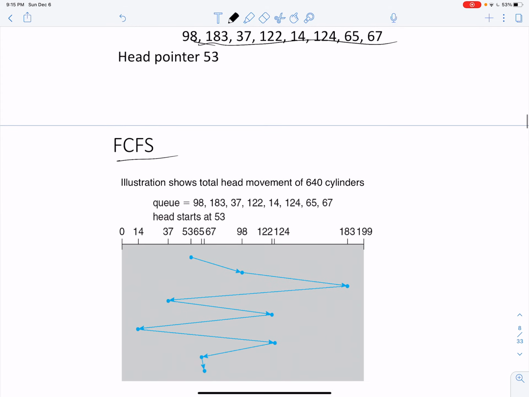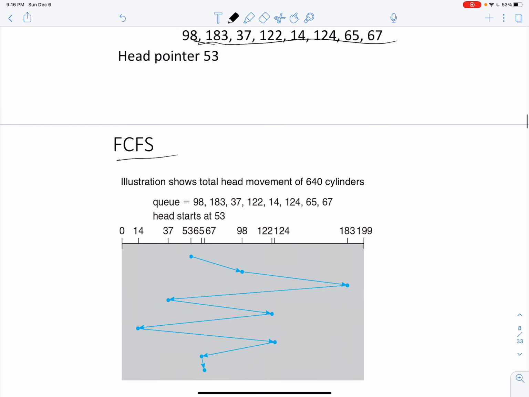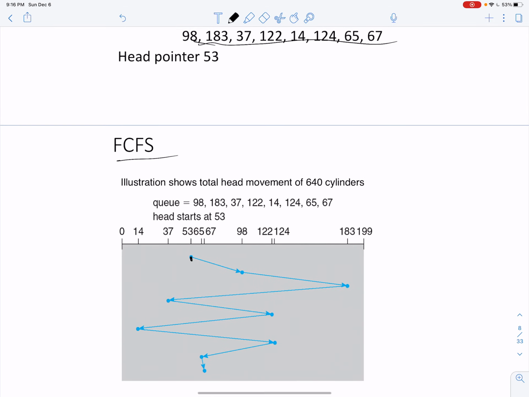This is pretty easy. For example, at the current time, we have the arm pointed to the 53rd cylinder, and now we got a queue, or a list, of cylinder numbers to be visited. We're going to move the arm to the first cylinder, which is 98, and then to the second one, which is 183, and then to the third one, which is 37.